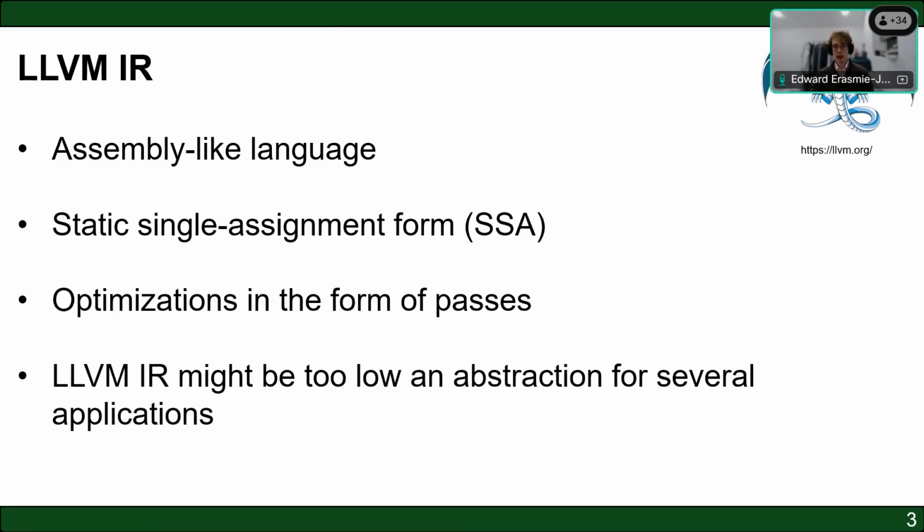Now, while LLVM-IR is very powerful at what it does, since it's an assembly-like language, it might be too low an abstraction for several applications. It is perhaps not desirable to develop your code in assembly. And it might also be too low an abstraction for some kinds of optimizations that might benefit from being performed at a higher abstraction level.